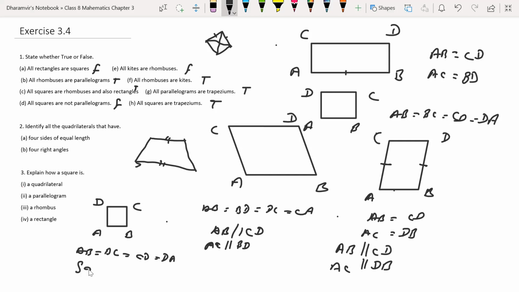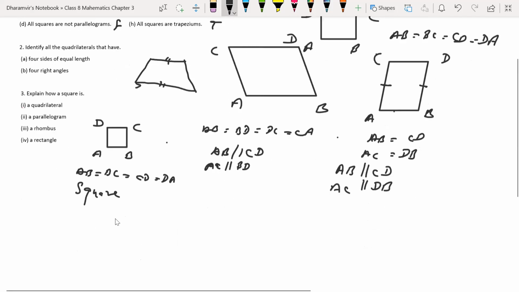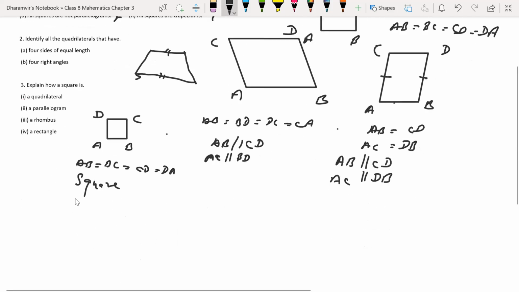It would become a square. So quadrilaterals that have four sides of equal length become a square, as well as a rhombus.